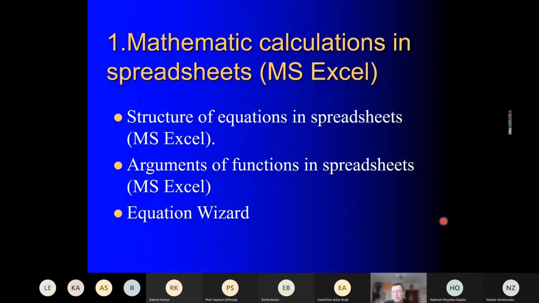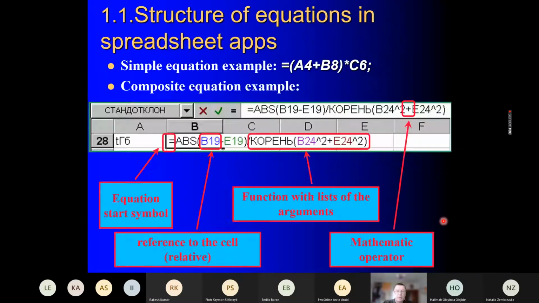There are plenty of them, so I just point out a few moments, a few questions which are essential for your practical work. First of all, if we speak about calculation, we have to admit that the major aim of a spreadsheet application is to do calculation. That is the major reason for its existence.